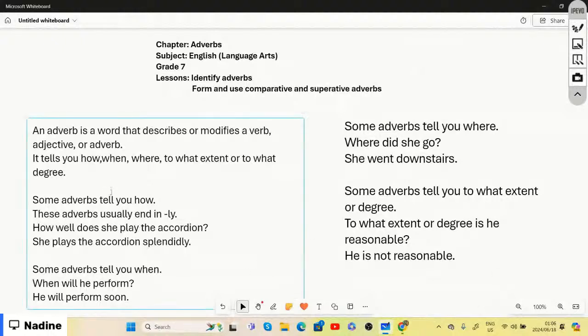Right, so that is going to be our lessons for today under the chapter of adverbs.